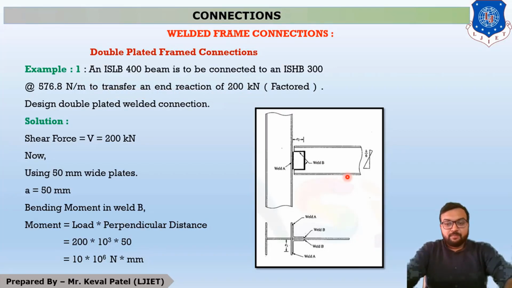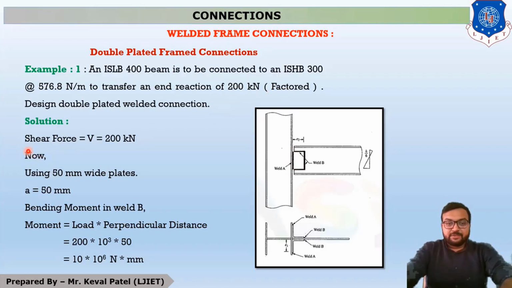It means our beam transfers a 200 kilonewton load to our column. Now the question is to design a double plate welded connection, which means we have to provide two plates on both sides of the beam.